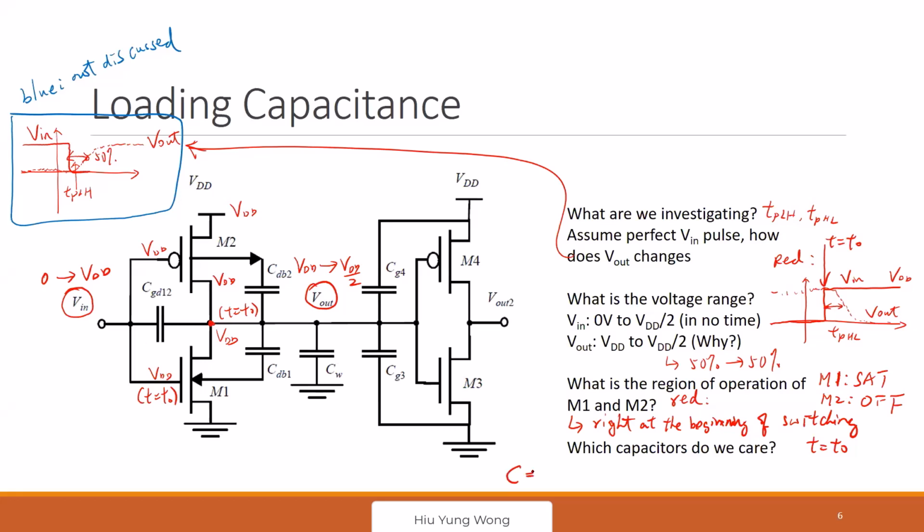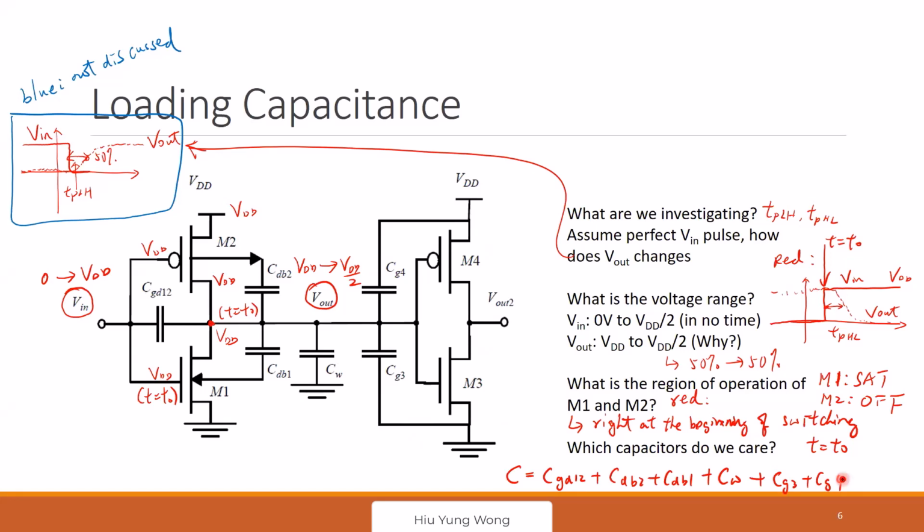We care about CGD1, CGD2, CDB2, CDB1, the wire, and then CG3 and CG4, because this one is the loading. I need to know what it is trying to drive. So that sets up the scenario, the background.